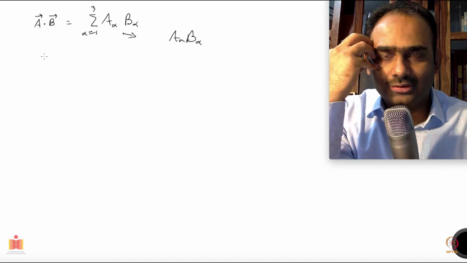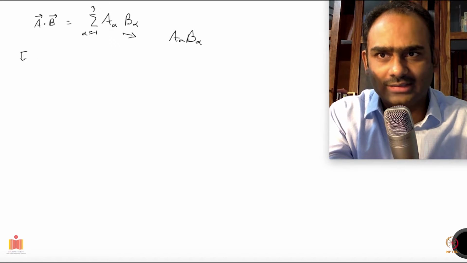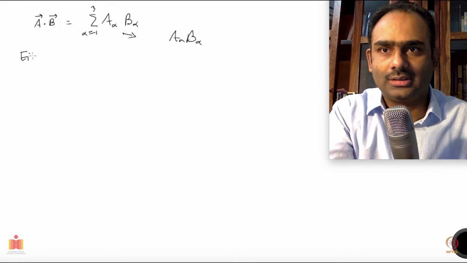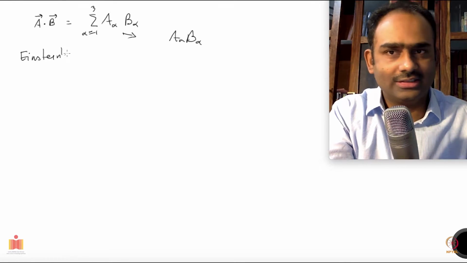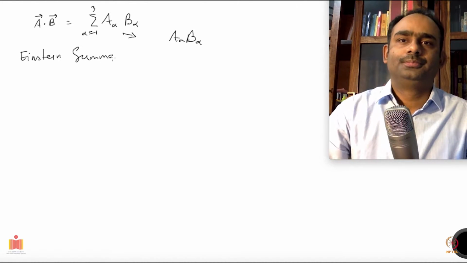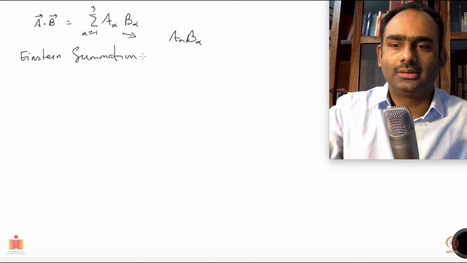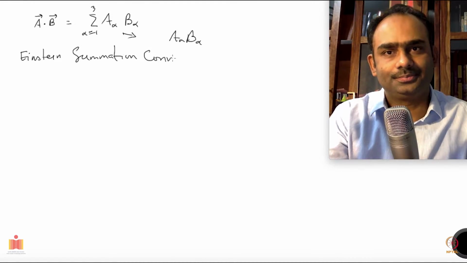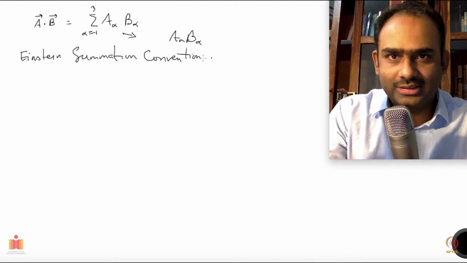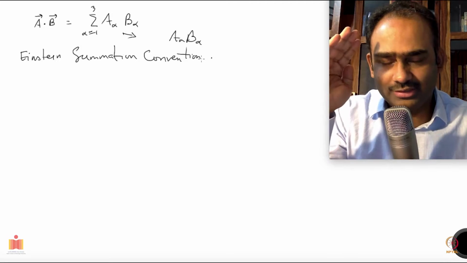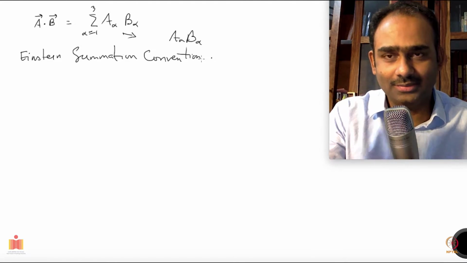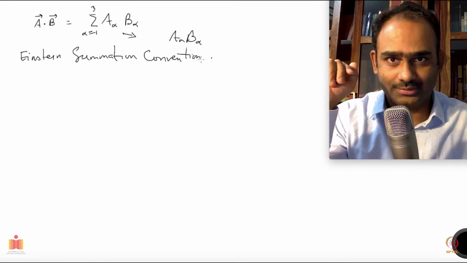So dropping this summation symbol is called Einstein's summation convention, which just says if in an expression you see a repeated index, there is a summation implied there, if the summations have been dropped.